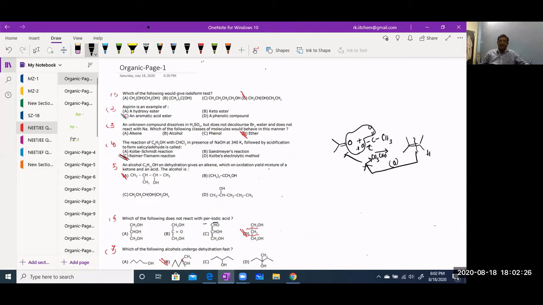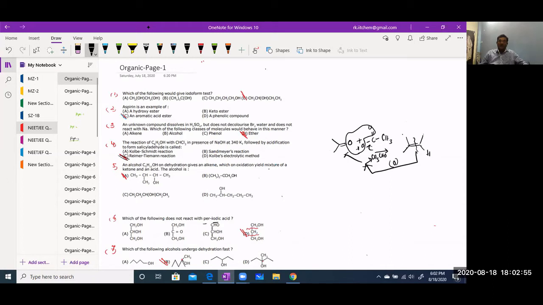In order to get this, what might be the alkene here, whether it is the first one or the second one? The alkene is nothing but this, 1, 2, 3, 4, 2-methyl butadiene. 2-methyl butadiene is going to be the alkene, and the alcohol is which alcohol?